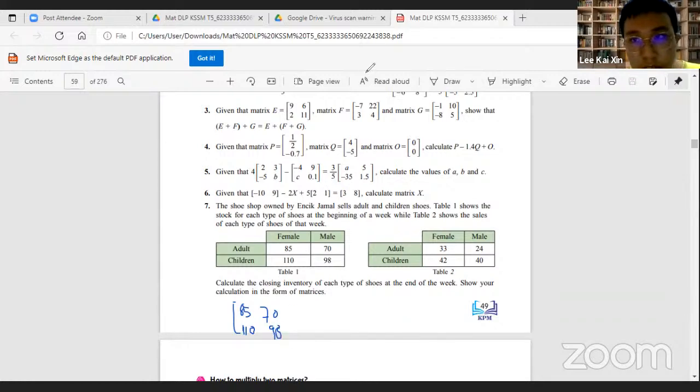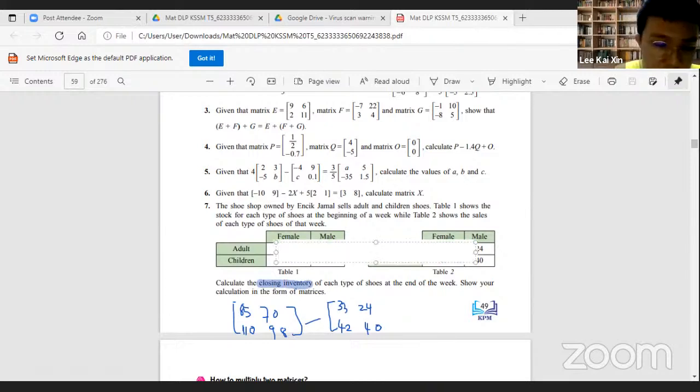Hold on, I'll write properly. Minus 33, 24, 42, and 40. So we can calculate the remaining stock, because just now closing inventory means, in simple words, the remaining stock.